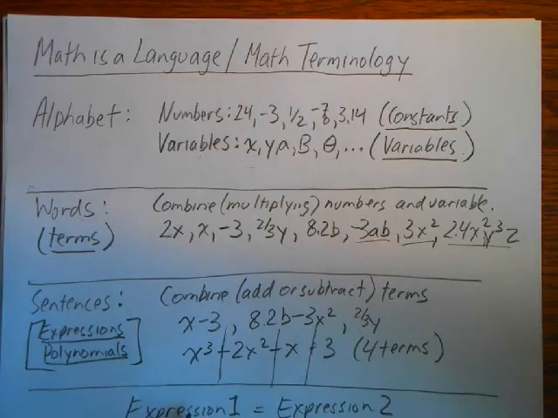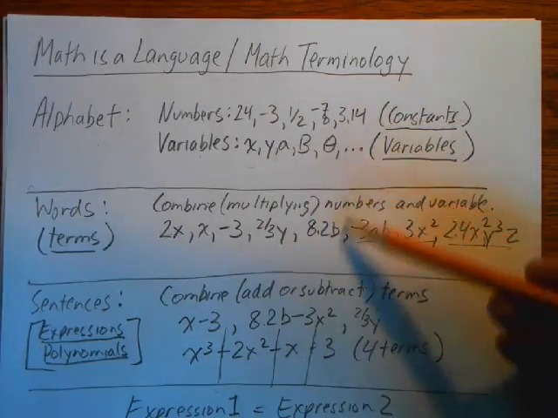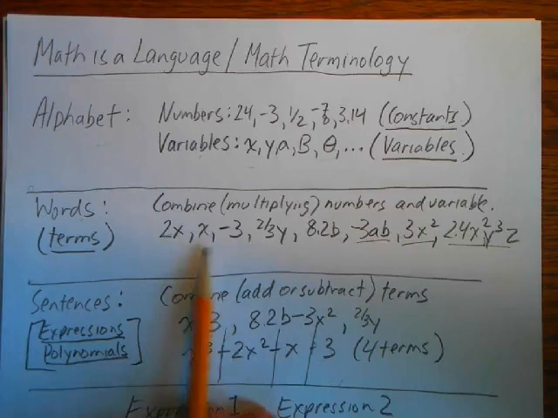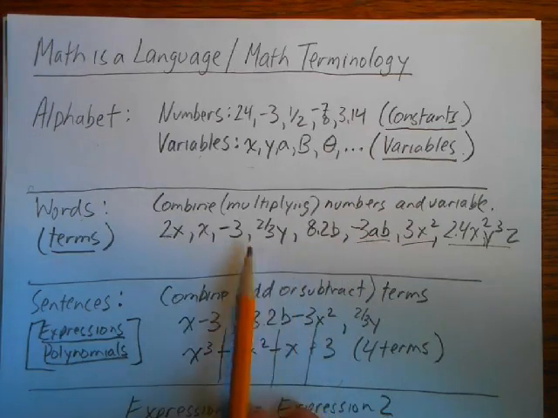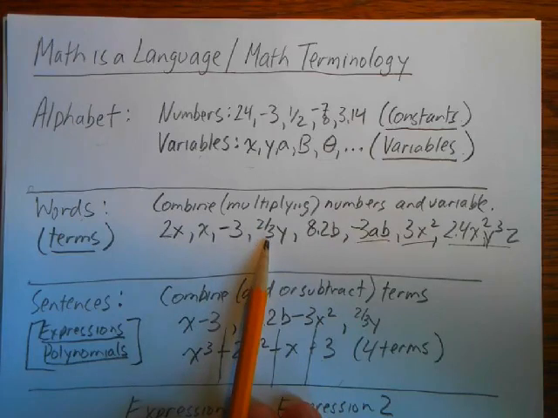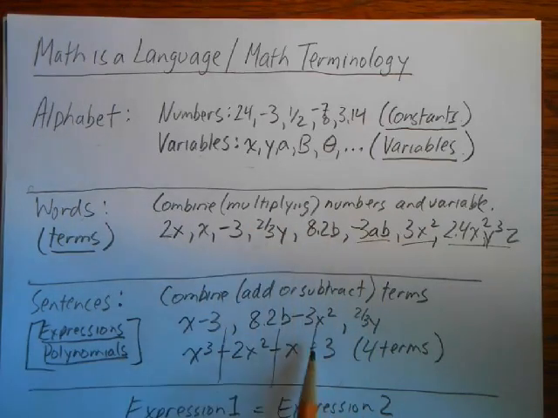Okay, now the big change here is we've taken two different expressions and we've got an equal sign in between. You notice everywhere before here we never talked about equals. We had plus and minus, we had multiplying to create the words, the terms, a little division here with the 2 and the 3, but that just created a different number. But we never had an equal sign before.